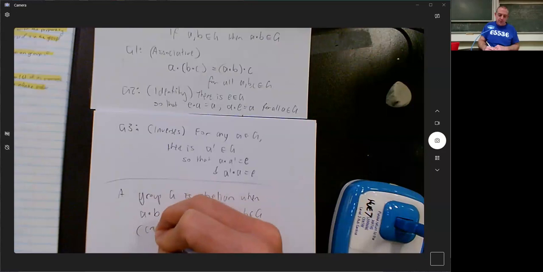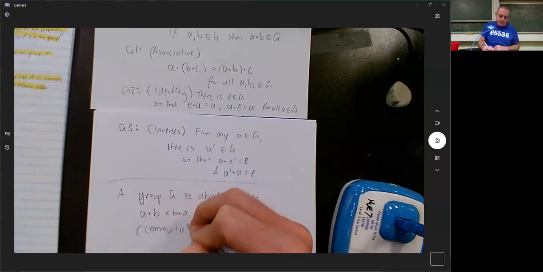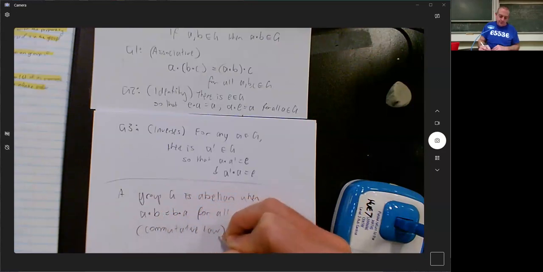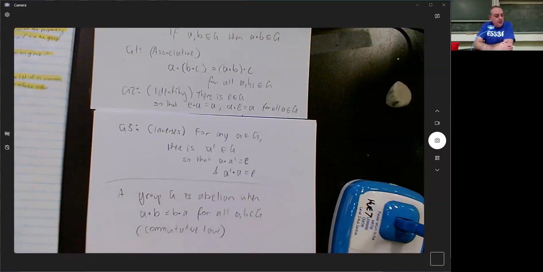And that's called the commutative law. Okay. Yeah. So that is what groups are.